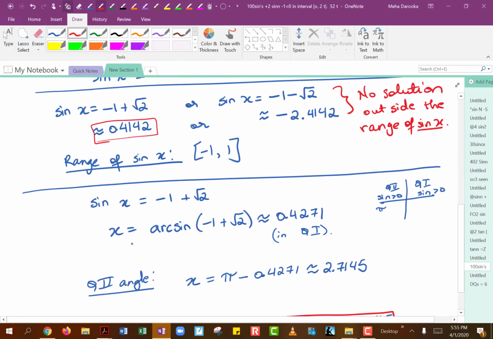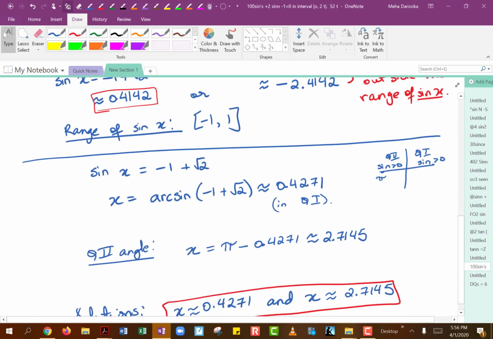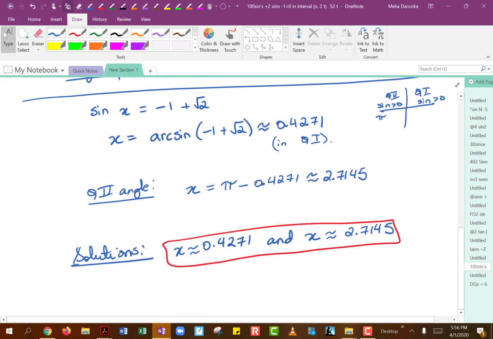So using the inverse sine function, you can come up with x equals arc sine of -1 plus square root of 2, which approximately as a decimal answer is 0.4271, which falls into quadrant 1. Now since we know that sine is also positive in quadrant 2, we can find a second angle by doing pi minus this 0.4271, and that's how you came up with 2.7145, and those were our two answers for this example.